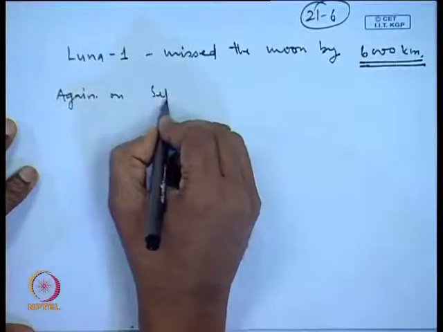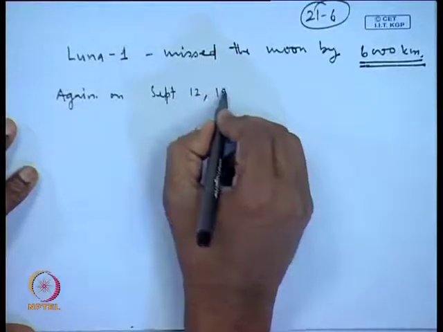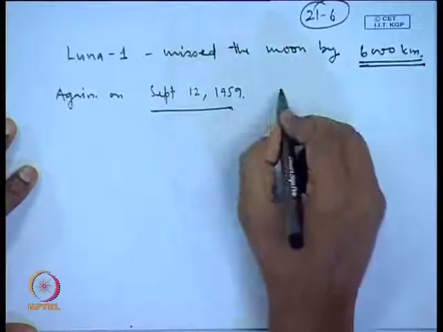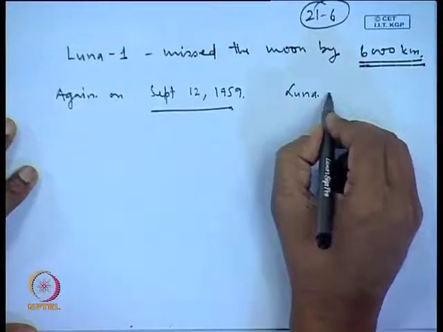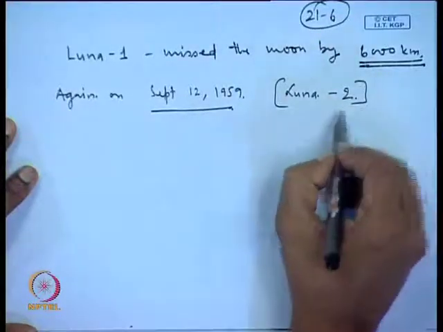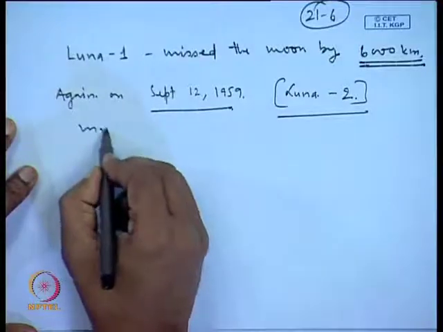Again on September 12, 1959, Luna 2 was maneuvered.